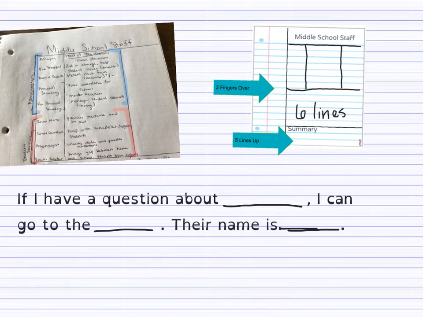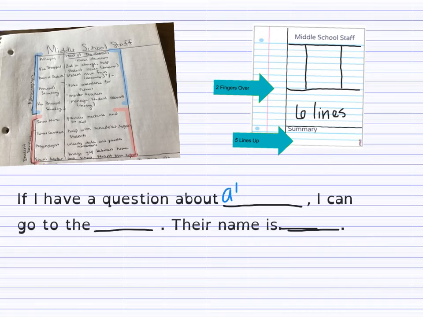Let me do an example for you. Now I'm going to ask that you don't do the same example that I do. So here's one. If I have a question about, and I am going to pick attendance.